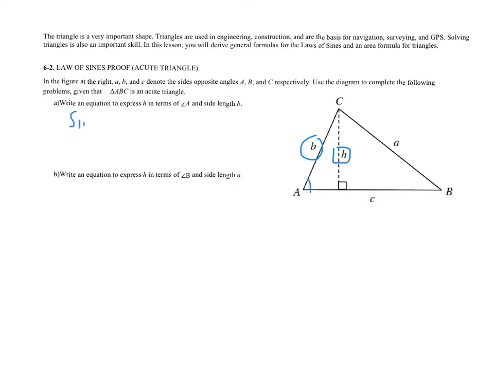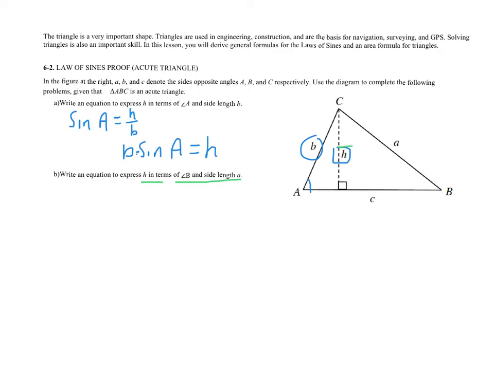So if we think back, the sine of angle A equals opposite H over B. Or another way to do that, if I multiply both sides by B, I now have B times the sine of angle A equaling H.